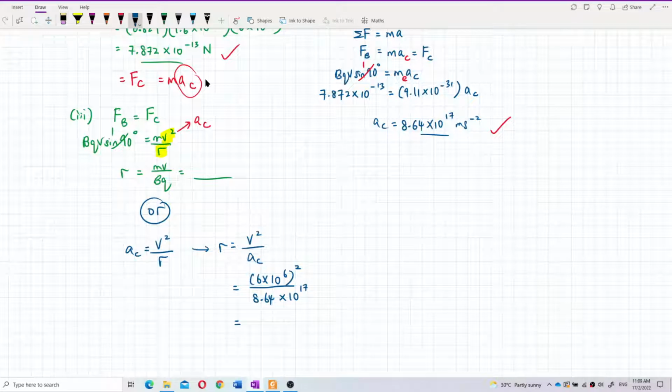Let's calculate: 6 exponent 6 squared, divided by 8.64 exponent 17. The answer is 4.1.